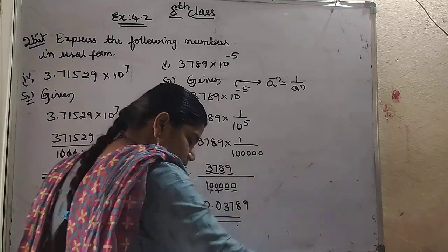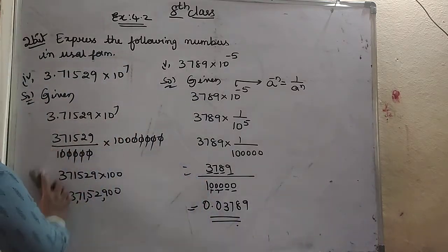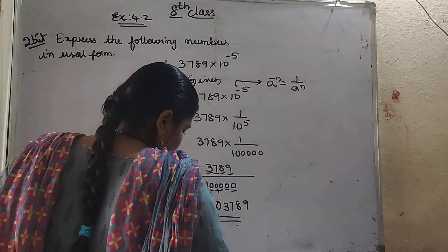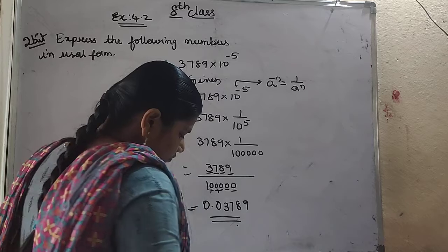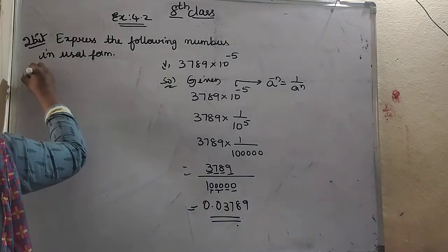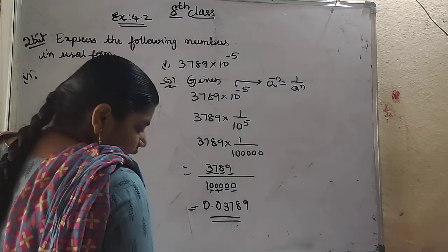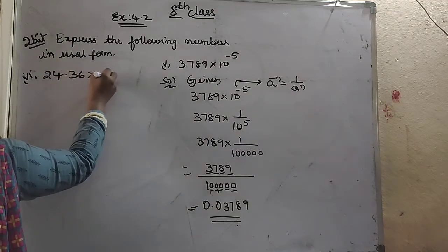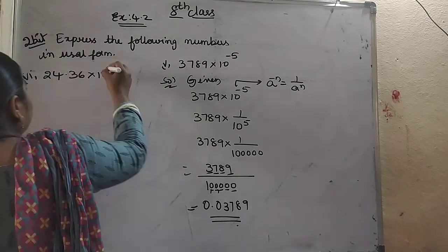Next is the sixth one, the last bit in this. The sixth one is 24.36 into 10 power minus 3.